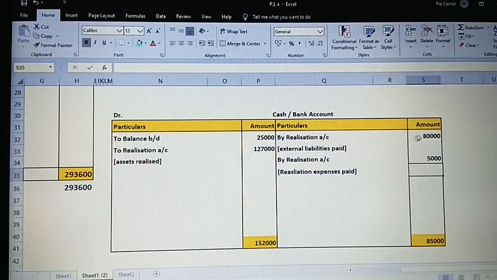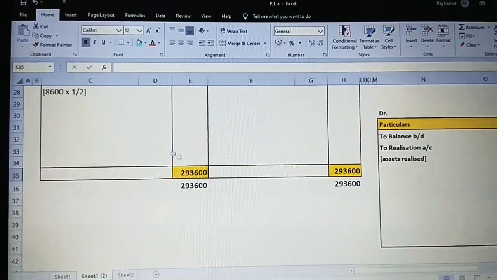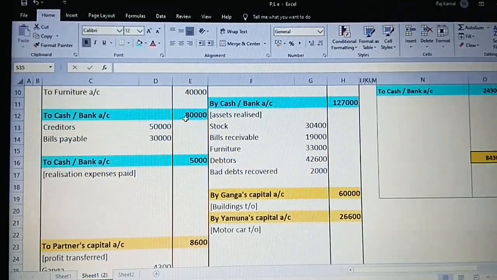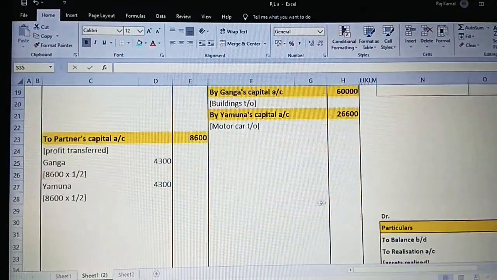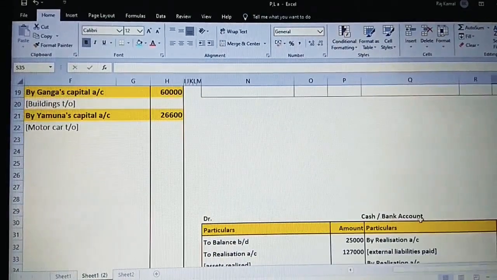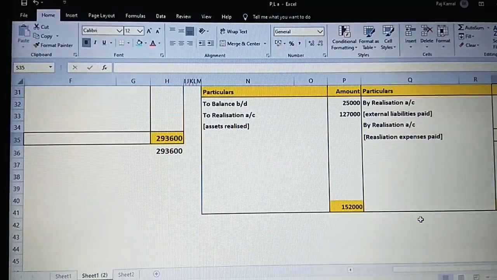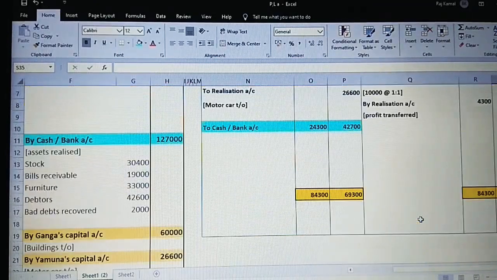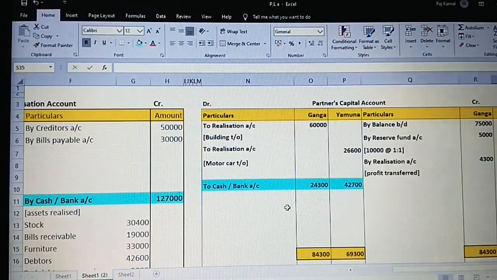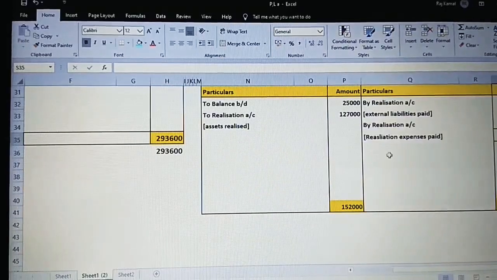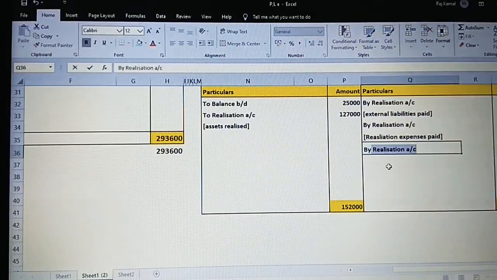Let's have a check once. 80,000 and 5,000. Just observe. Yes, 80,000 external liabilities, 5,000 for realization expenses. So we have taken this from the realization account. That's over. Let us concentrate on partners capital account. We have here on the debit side the final payment for the partners Ganga and Yamuna. So this has to be posted on the opposite side.